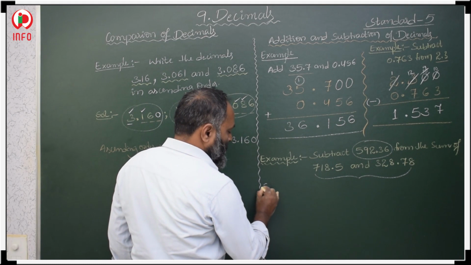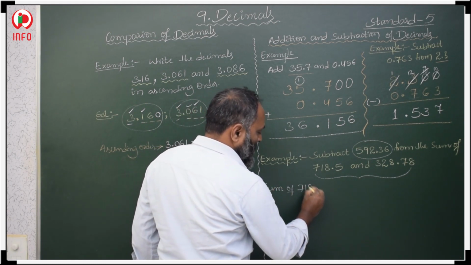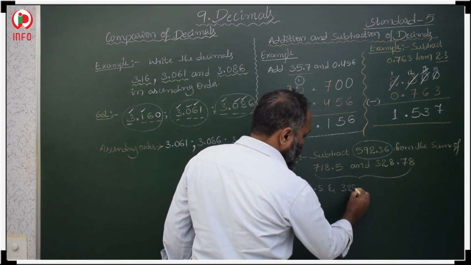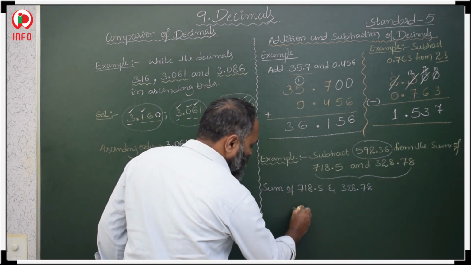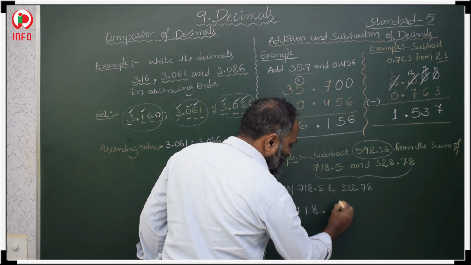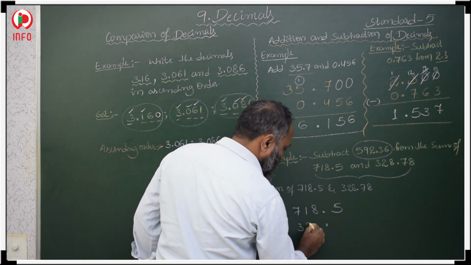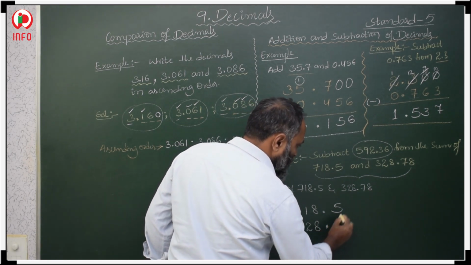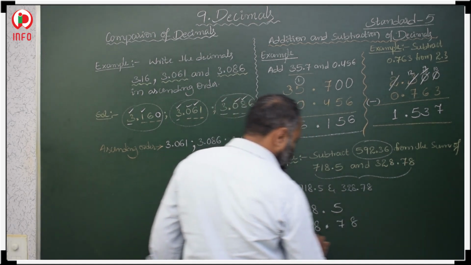Now the sum of 718.5 and 328.78. That is 718.5, then after that point, 328.7 and 8.